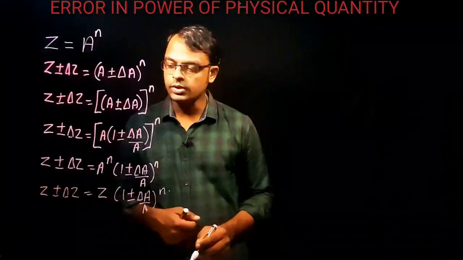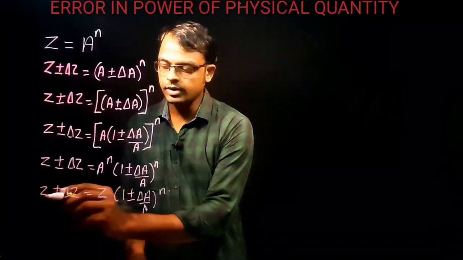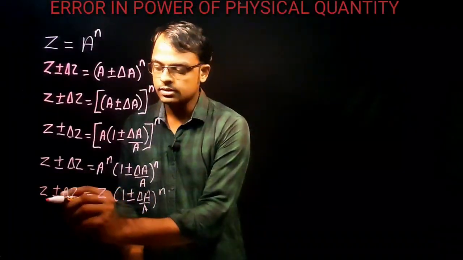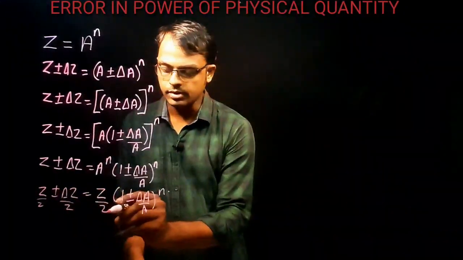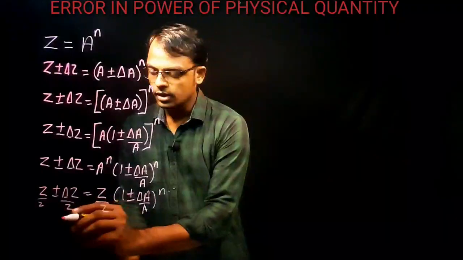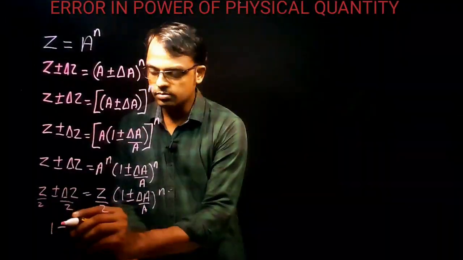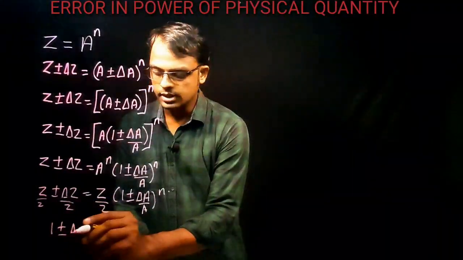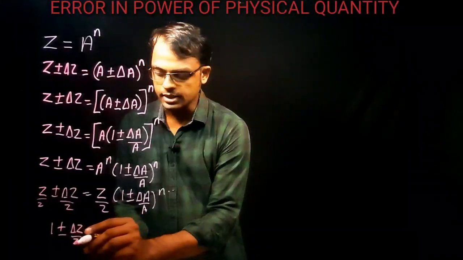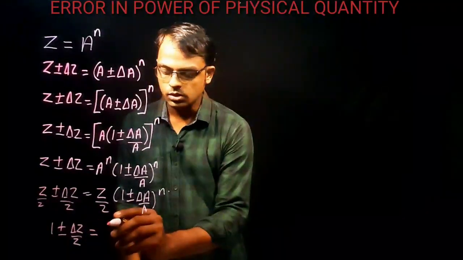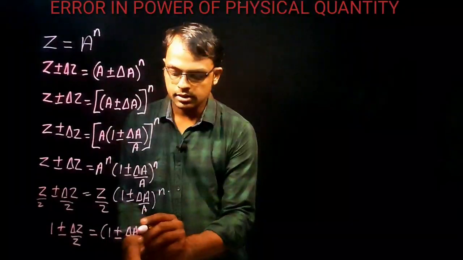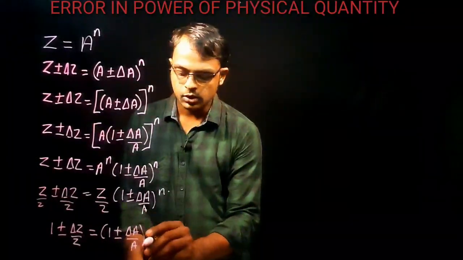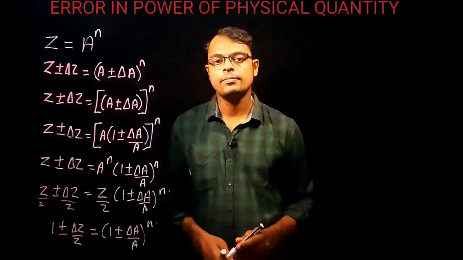Divide the whole equation by z. If you divide the whole equation by z, it is z divided by z and delta z divided by z. The equation becomes 1 plus or minus delta z by z is equal to 1 plus or minus delta a divided by a, all to the power n.